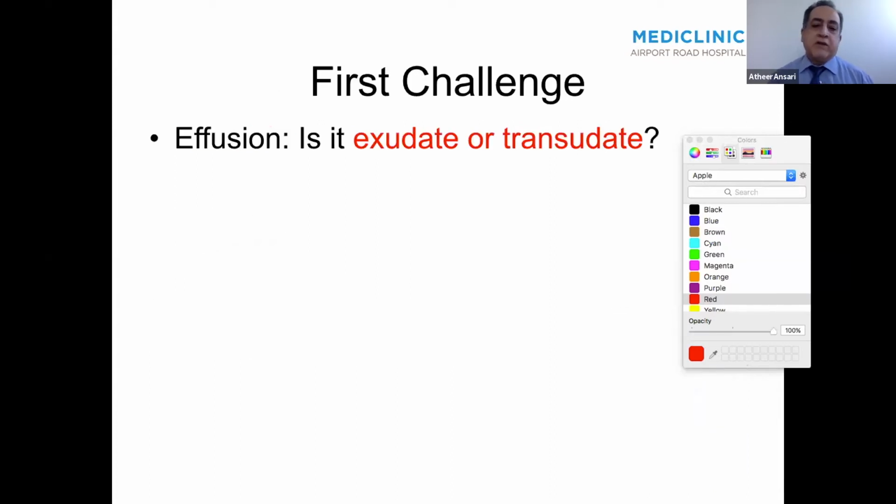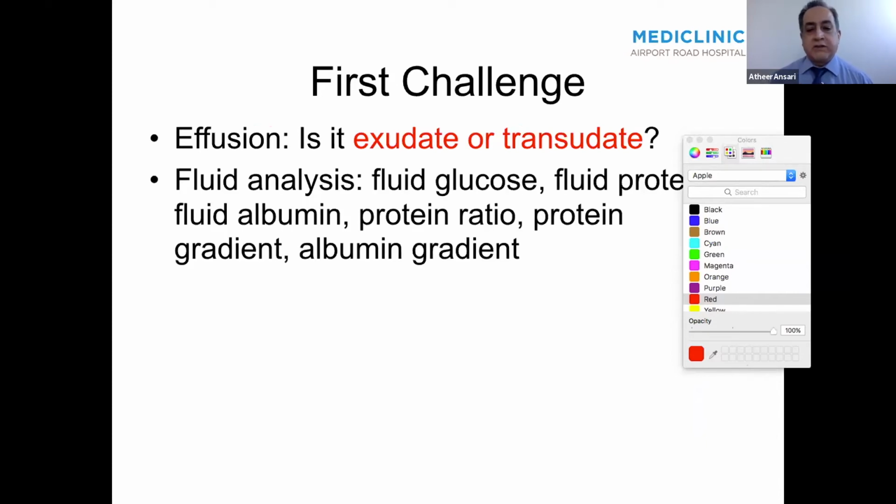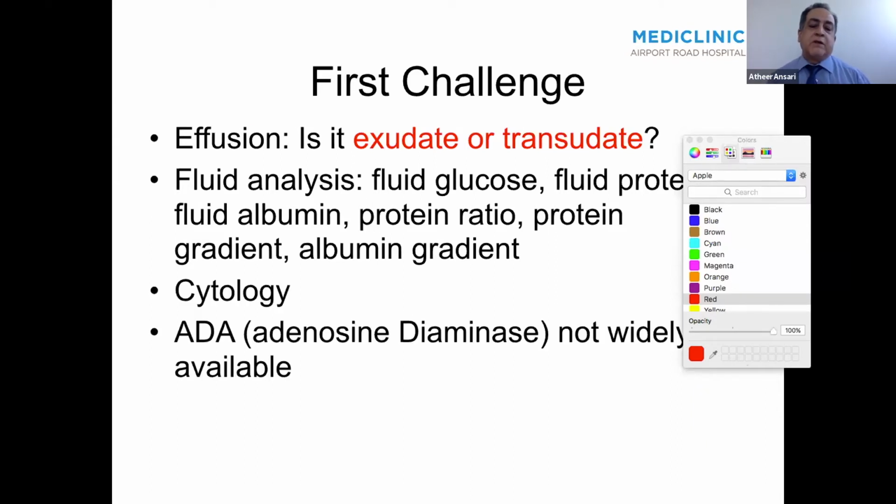And the first challenge which the chest physician or cardiologist usually faces is: is it exudate or transudate? They do the whole battery of fluid analysis, and from fluid analysis we try to differentiate whether it is exudate or transudate. Also cytology and culture to look for infection, which is quite a common cause. And there is another test, not universally available, called adenosine deaminase.